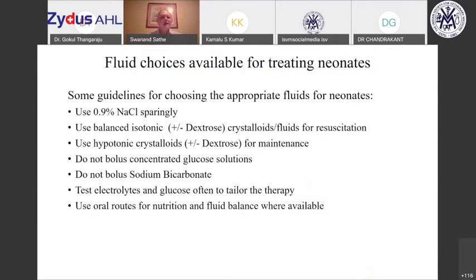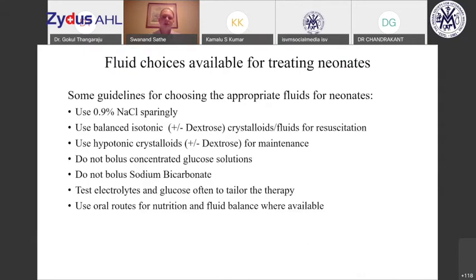So some guidelines that we can discuss before we go to our fluid plan are for selecting appropriate fluids for neonates. Number one is always use 0.9% sodium chloride very sparingly. We use this fluid quite commonly in our small animal medicine and very commonly in adult horses.